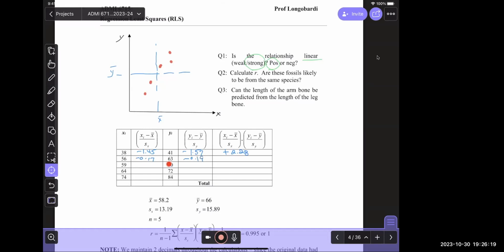Again, they're both trending together. When this one is below, that one is below. So that ends up being a positive. When you multiply them, what do you get? 0.03.